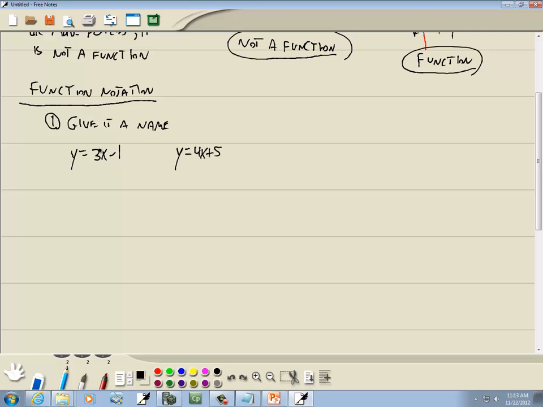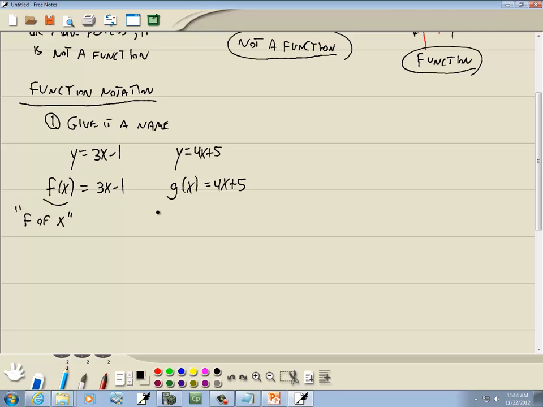If I ask you to graph y, well, your question would be, well, which one? Well, instead of calling this y, I'm going to put this right here. And instead of y here, I'll put this. Now, how do you read this?